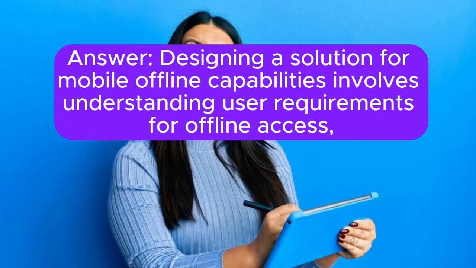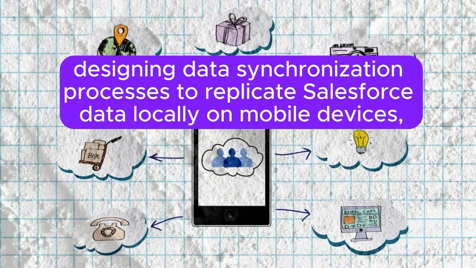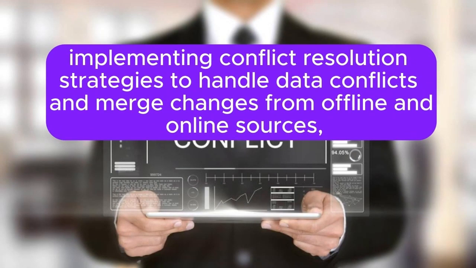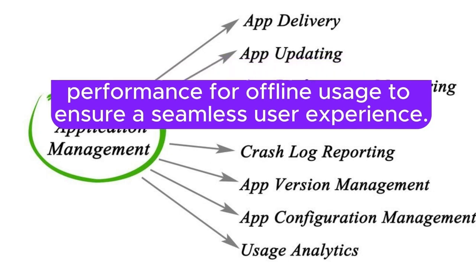Answer: Designing a solution for mobile offline capabilities involves understanding user requirements for offline access, configuring Salesforce Mobile SDK or Mobile Publisher to enable offline mode in mobile applications, designing data synchronization processes to replicate Salesforce data locally on mobile devices, implementing conflict resolution strategies to handle data conflicts and merge changes from offline and online sources, and optimizing application performance for offline usage to ensure a seamless user experience.